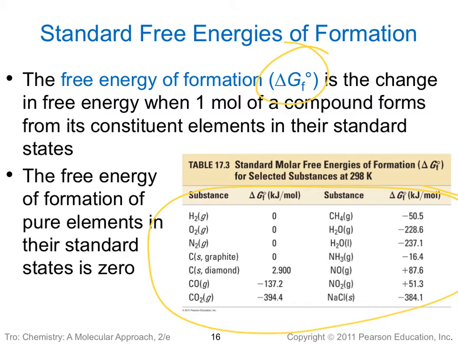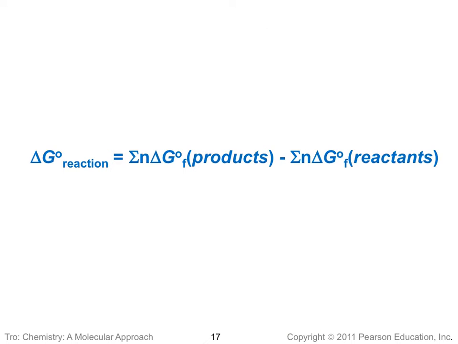And so we can combine those, again using that Hess's law, where you're summing up the products and subtracting the summation of the reactants and making sure that we abide by stoichiometry.